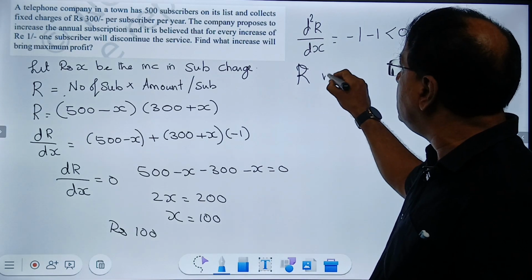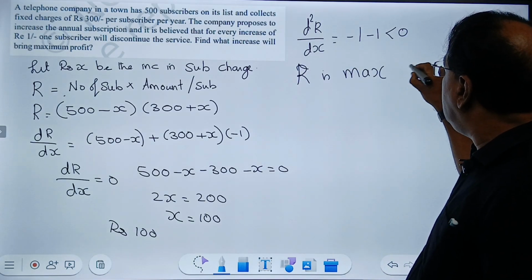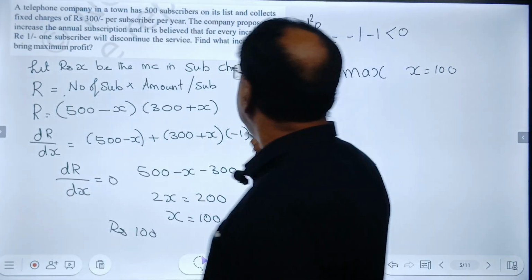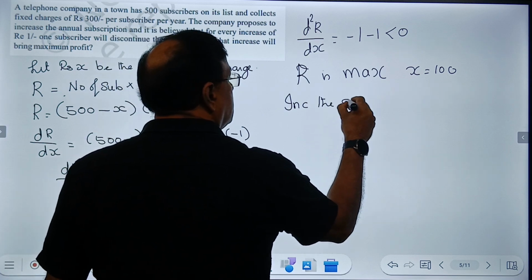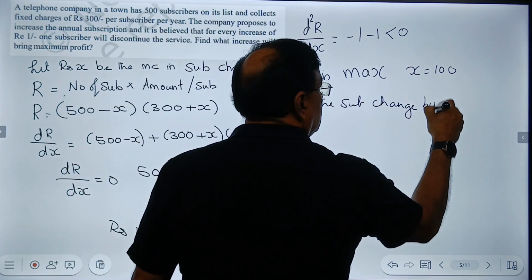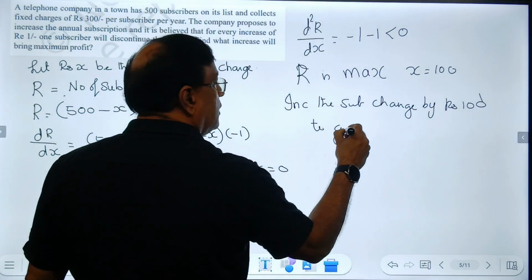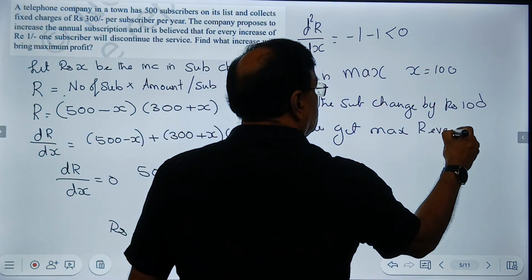Therefore the revenue R is maximum when X is equal to 100. So I have to increase the subscription charge by rupees 100 to get maximum revenue. So that is very important.